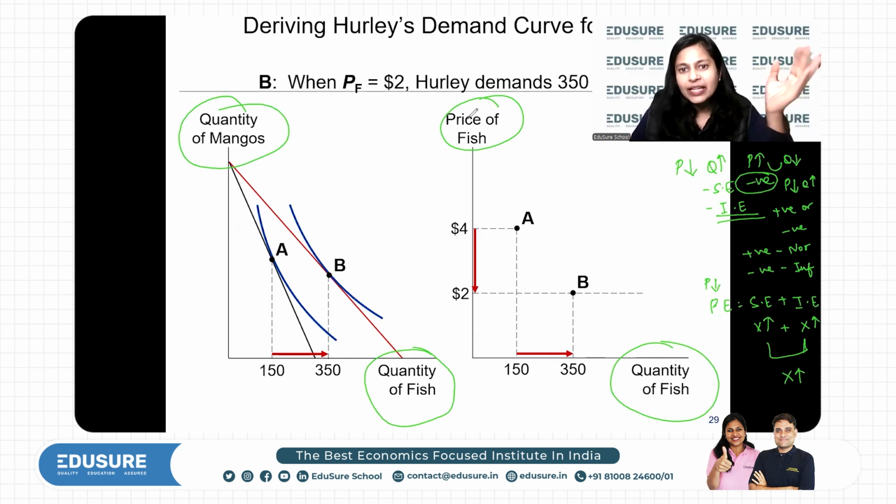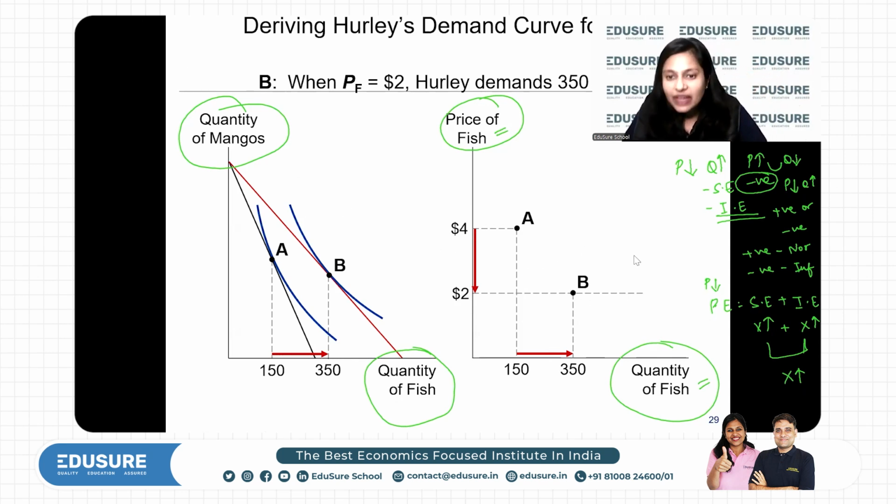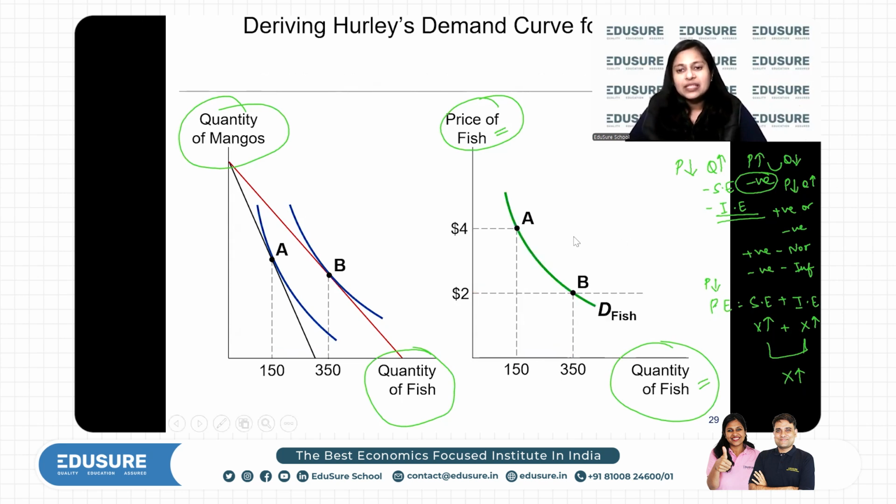If we change that into this graph being only for fish, price of fish on the x-axis and quantity of fish on the y-axis, what we get is a nice price and quantity relation. And we see that as price falls, quantity demanded definitely rises. This can be used to derive the demand curve of fish.